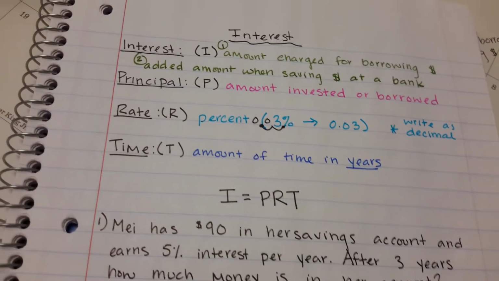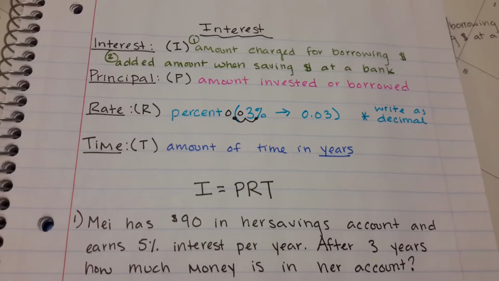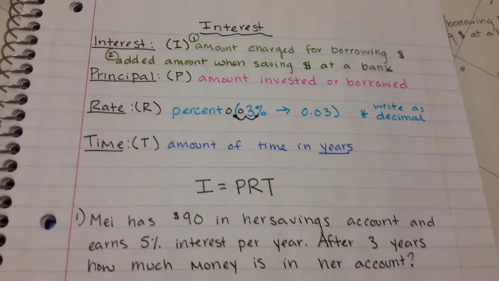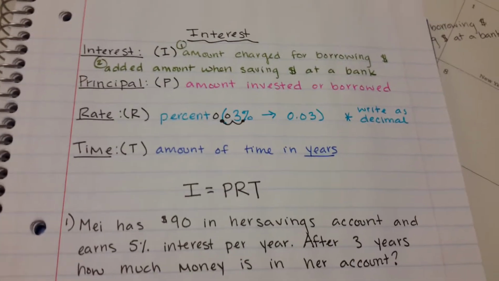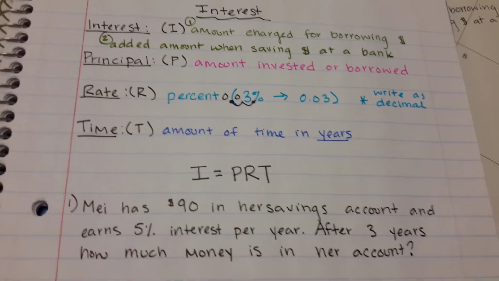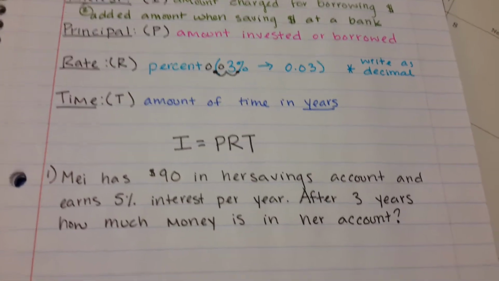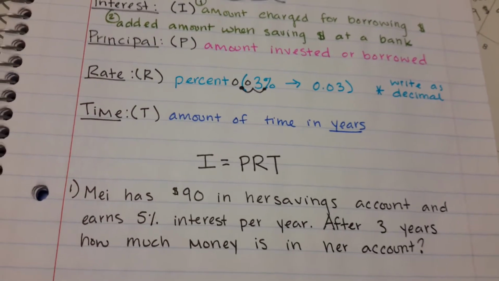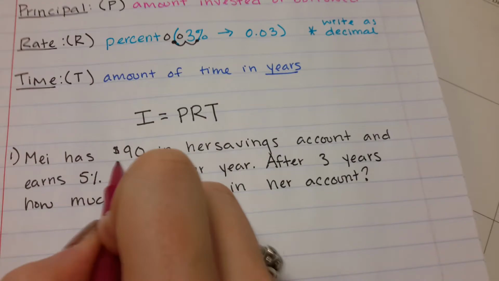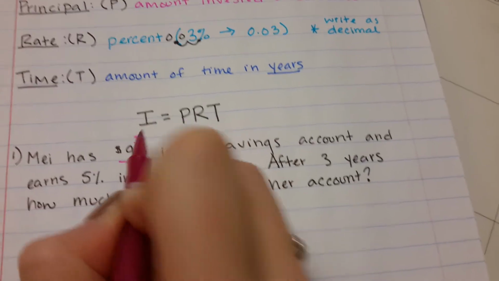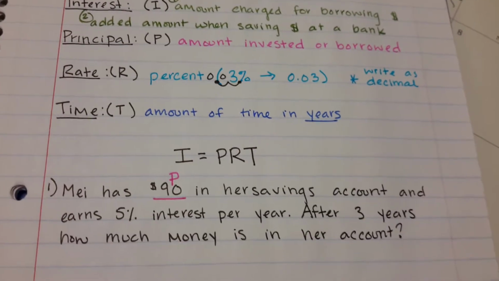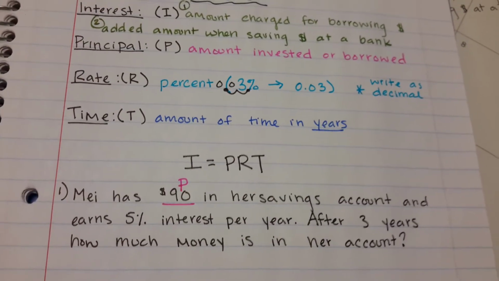So let's go back up. We're going to do principal first. The amount invested or borrowed. How much did May have invested in her savings account? Well, she had $90, so we're going to underline that, and this is our principal, the initial amount. Do we have a rate? Is there a percent in our problem?